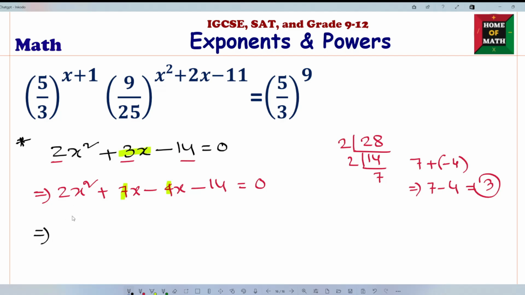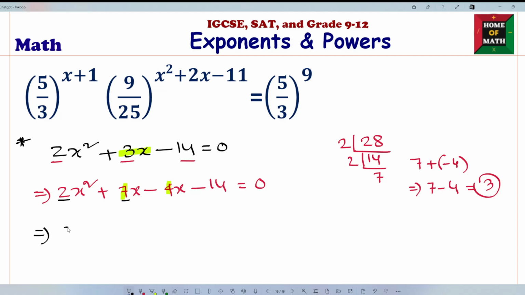So now we can take common x from the first two terms, and we can take common minus 2 from the last two, right? No, it's not right, totally wrong. Why? Because here is 2, we cannot take 2 common from 7.